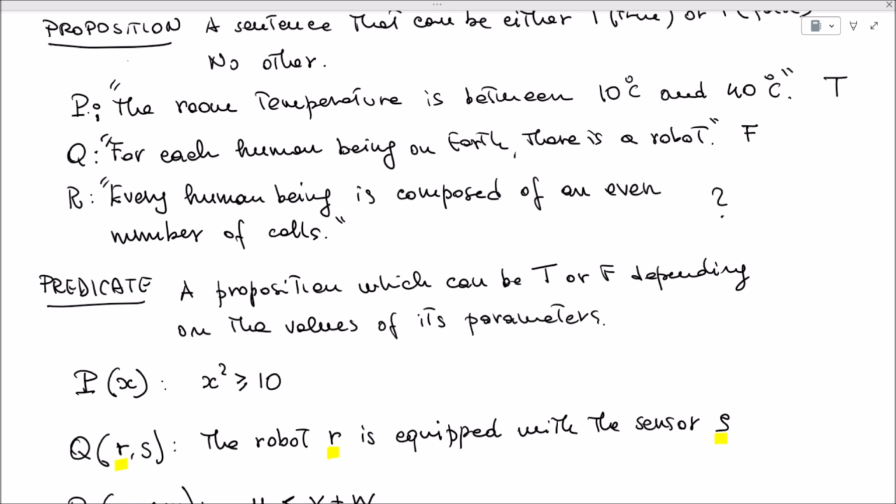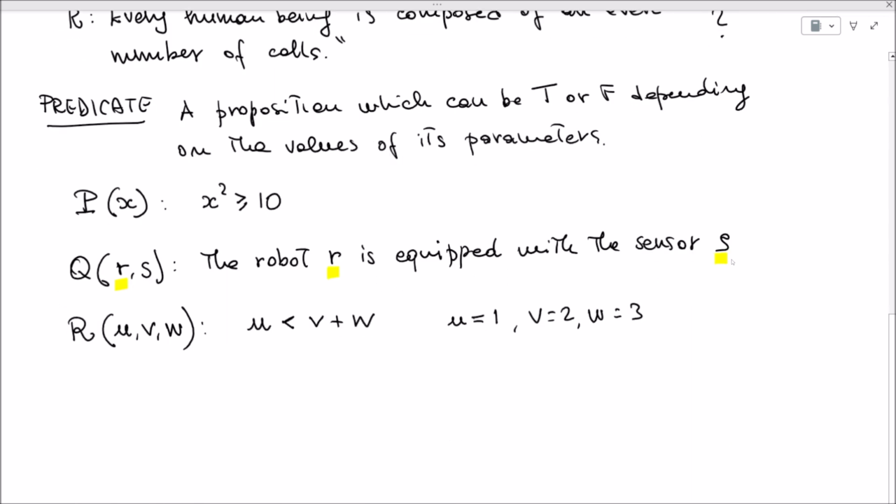If we have U equal 1, V equal 2, and W equal 3, this is certainly a true predicate, a true proposition. So you see that depending on the values of the parameters, the predicate becomes a true or false proposition. The predicate by itself clearly does not have its own value of truth.